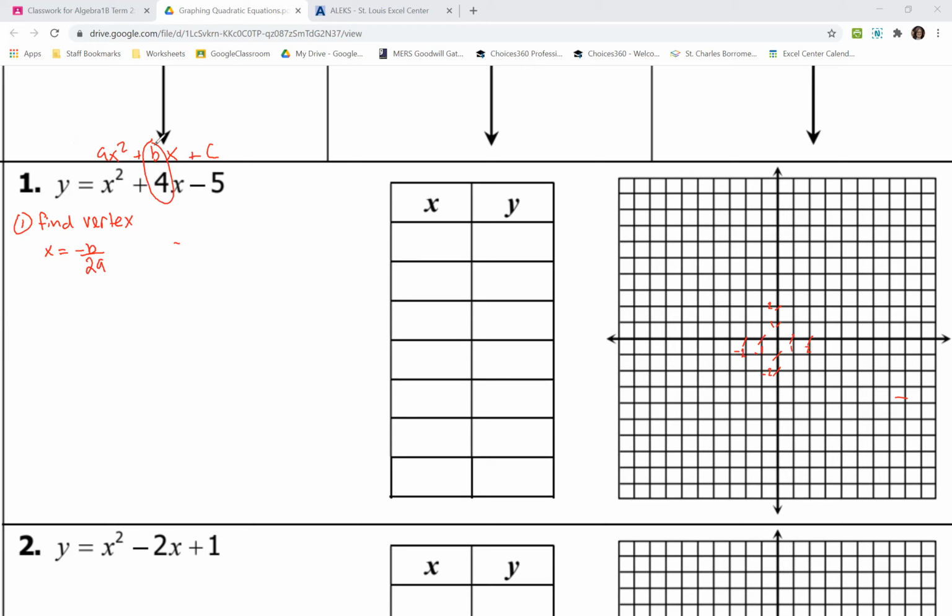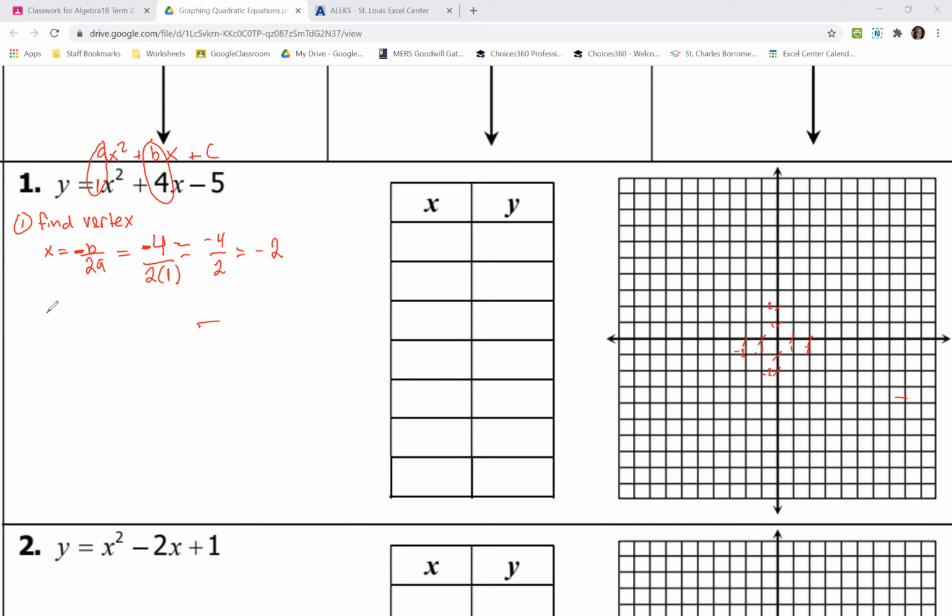My b is a positive 4. So I'm going to plug in negative b, which is negative 4, all over 2 times a. I don't see a number in front, which means a is 1. So negative 4 over 2 is negative 2. My x for my vertex is negative 2.